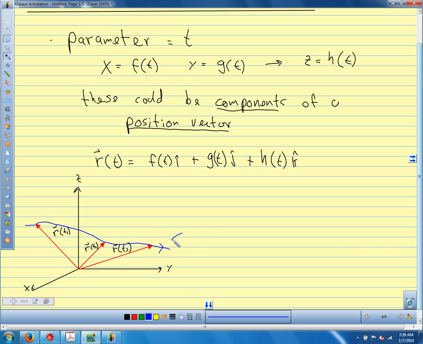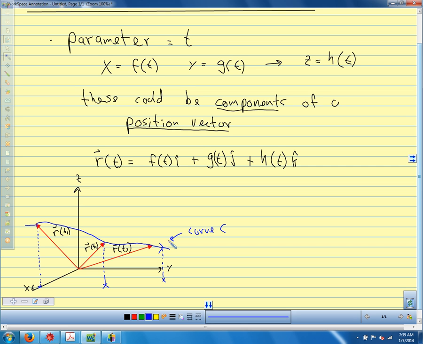And this is our curve C. So as the position vector changes, we get this curve, and if we project this down into the xy plane, maybe this projects down here, and this projects down here, and it traces it all. If we project this down, we get a little curve in the xy plane as well. So we could project that onto our coordinate planes to get an idea of what the curve does.